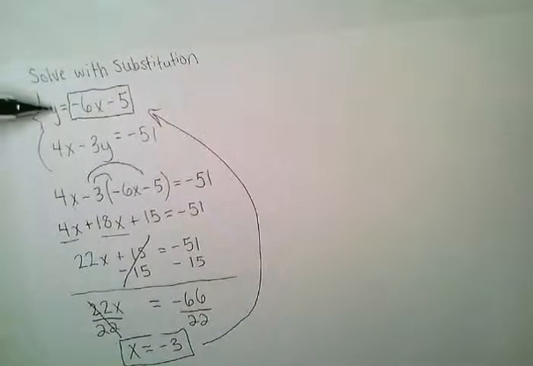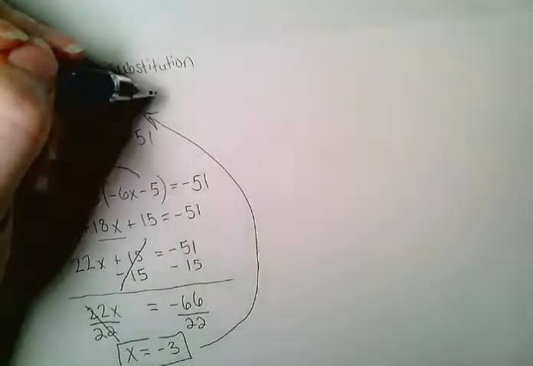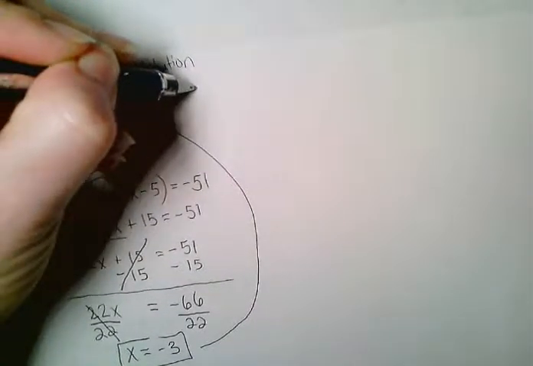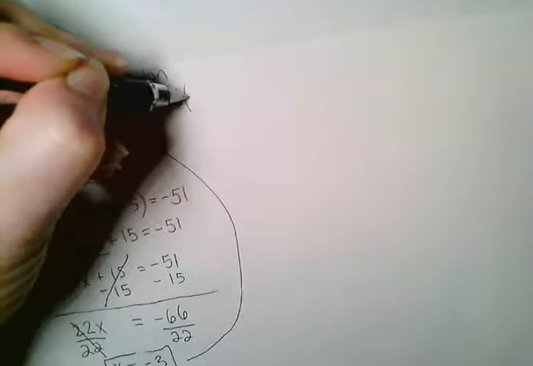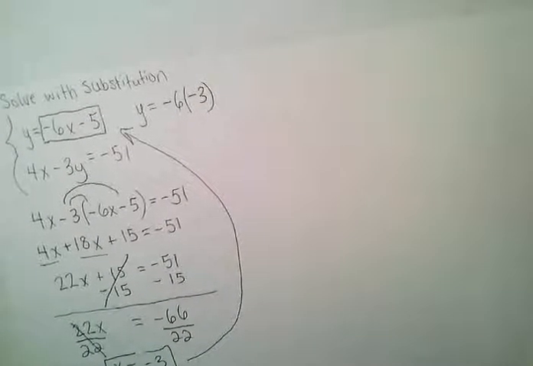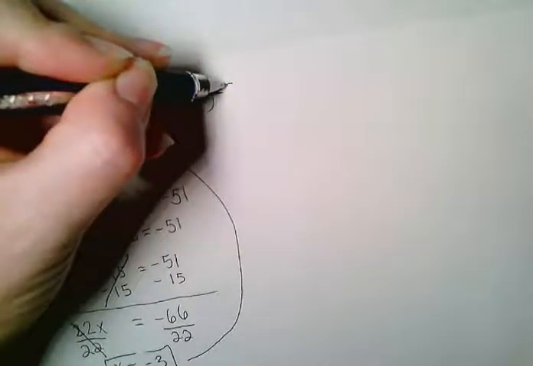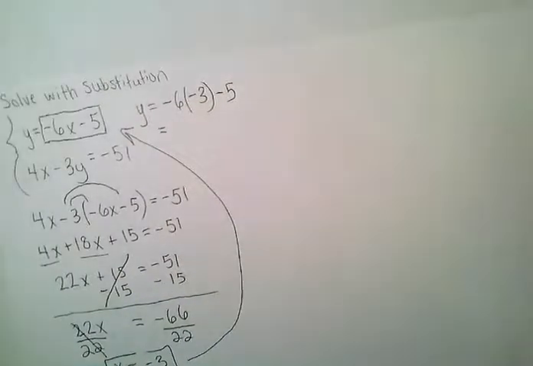So to do that, instead of y equals negative 6x minus 5, I'll do y equals negative 6 times negative 3, since x is equivalent to negative 3, and then subtract 5, and then I just simplify that.